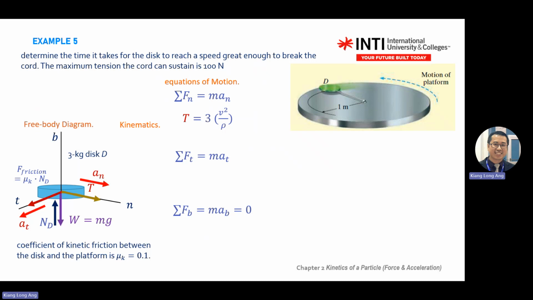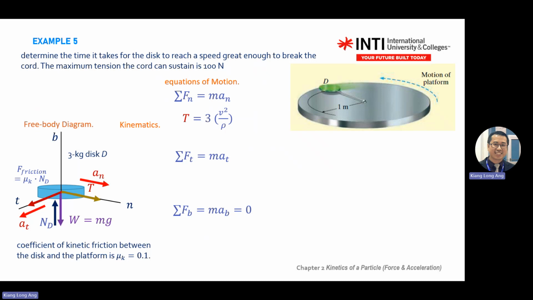For this engineering dynamics, it's important you know how to draw the free body diagram. If you miss something inside your free body diagram, your equation will show wrong already, because every time you extract information from what you draw. So for ma, I don't need to explain why suddenly your an becomes v square over rho.